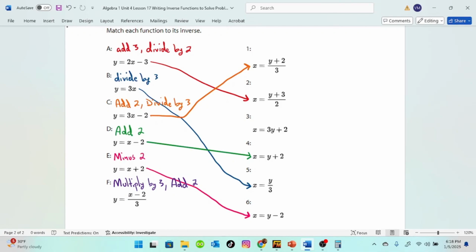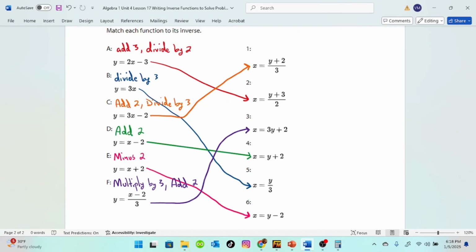So we want to look for y multiplied by 3 plus 2, and we see that on number 3. So the inverse of f is number 3.